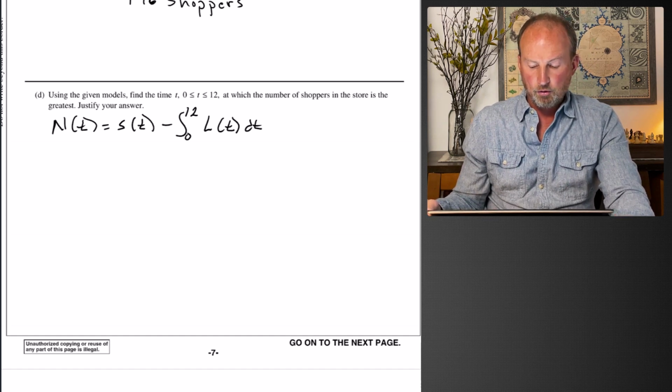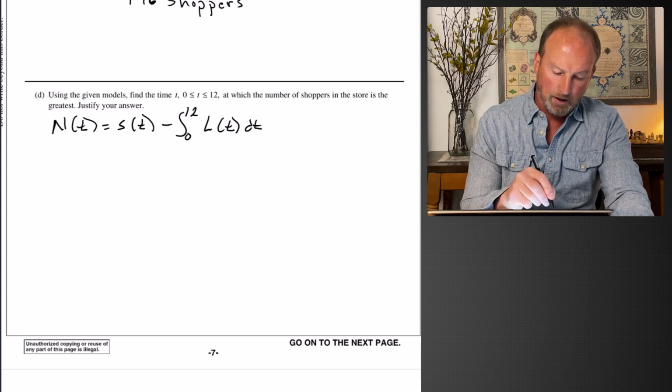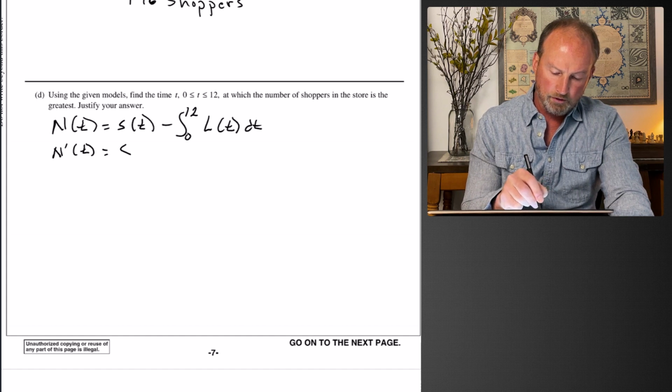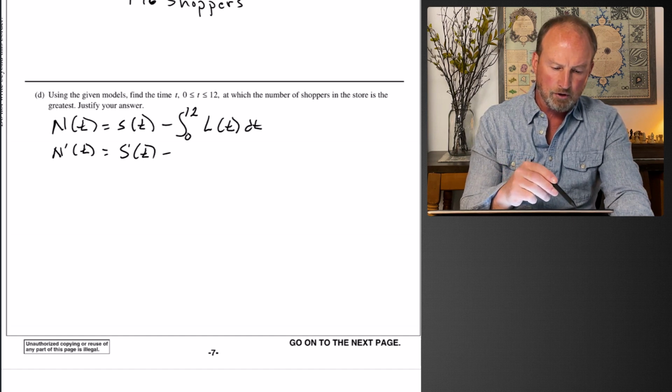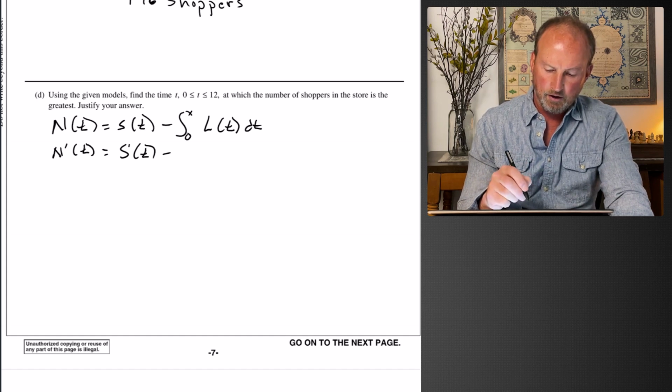Okay, so now I'm looking for critical values of that expression. So I'm looking for n prime, which is s prime, and the derivative of an integral is just L. I'm going to take that 12 out of there for a second so I can get my generic expression.